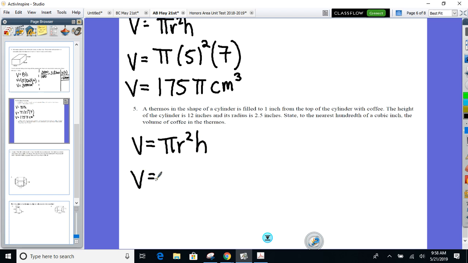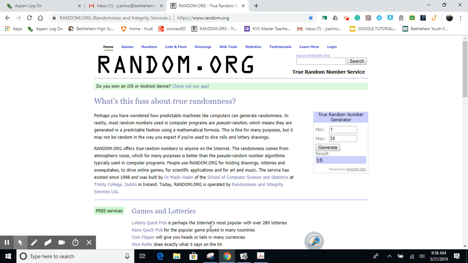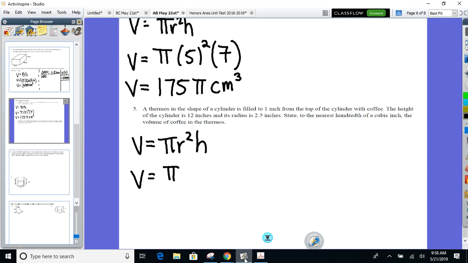There is one little change we're going to have to make, though. What's going to be the radius of our coffee? Still 2.5.